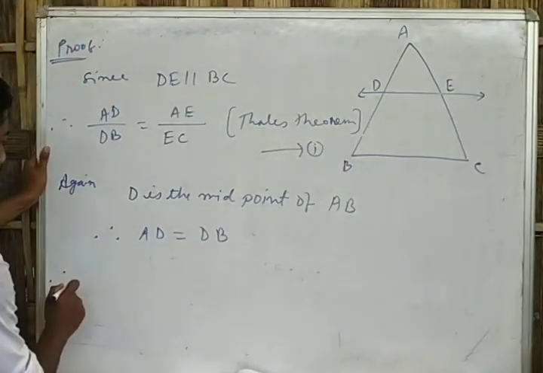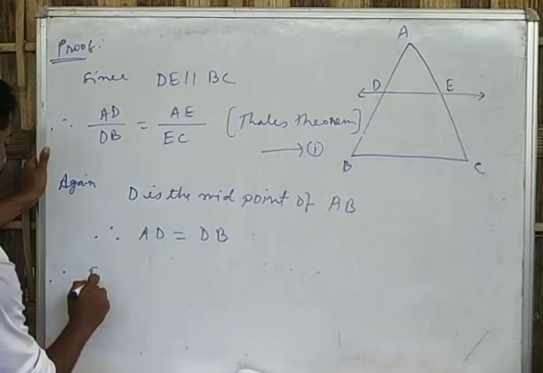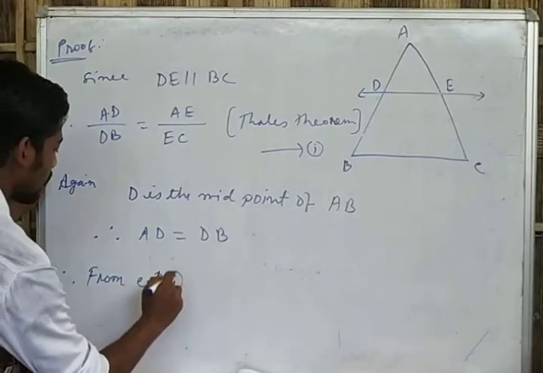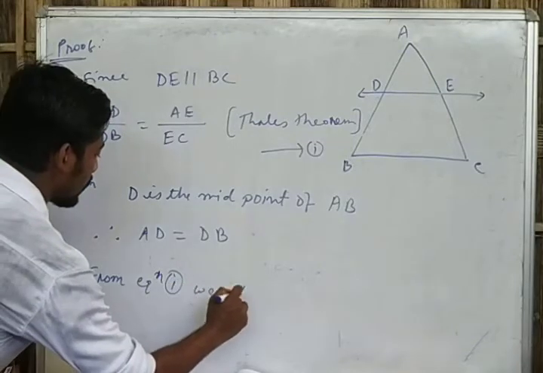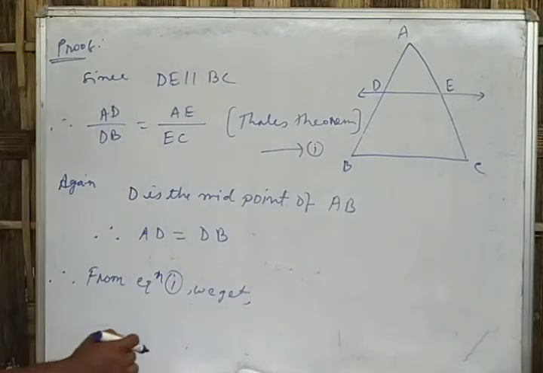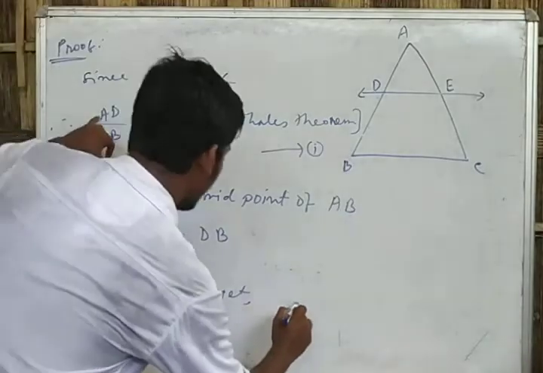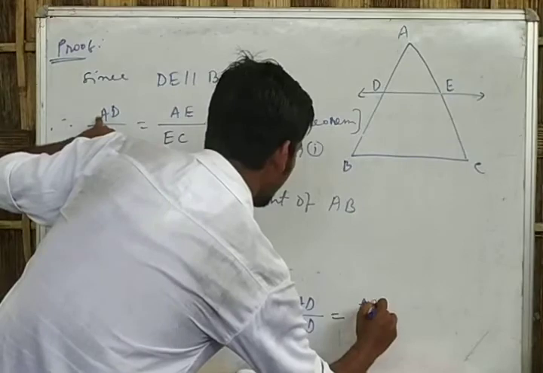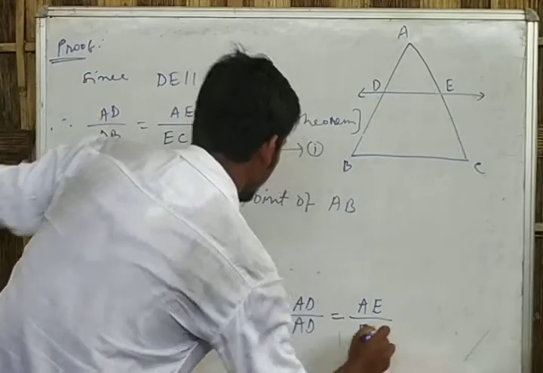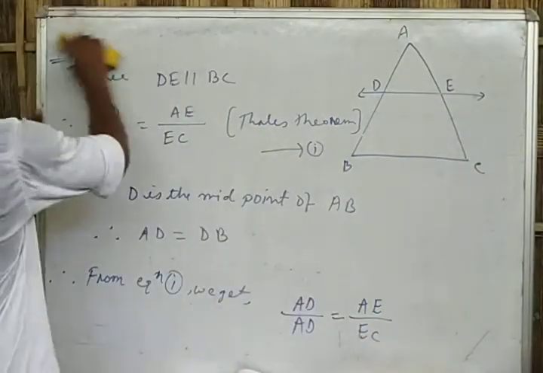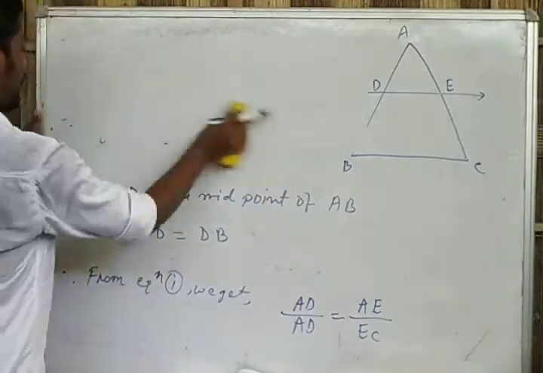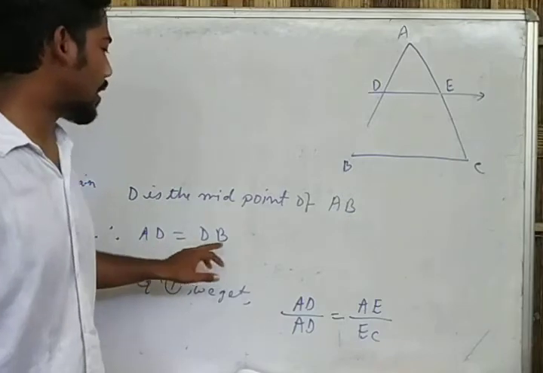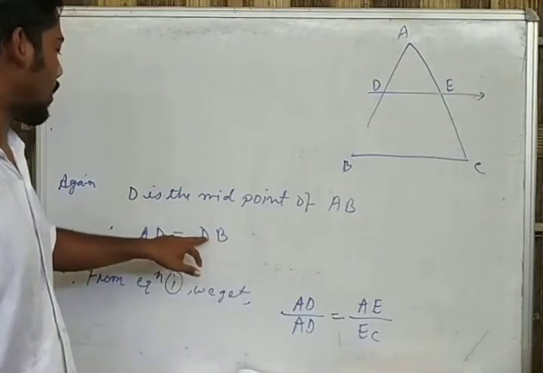Therefore, in equation 1 we get AD by DB equal to AE by EC. But we know that AD and DB are equal, so in place of DB we can put AD.